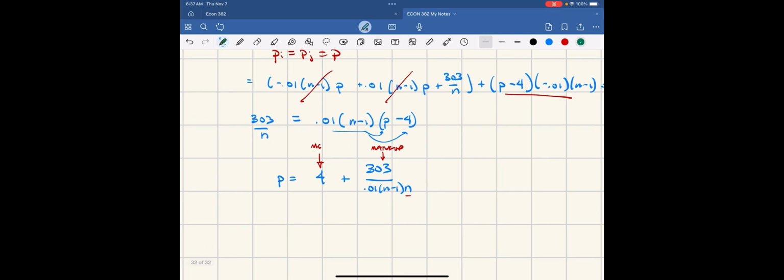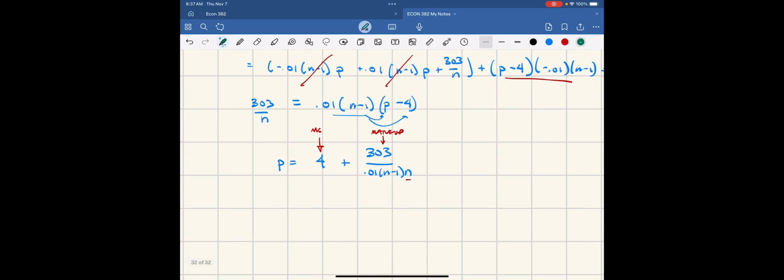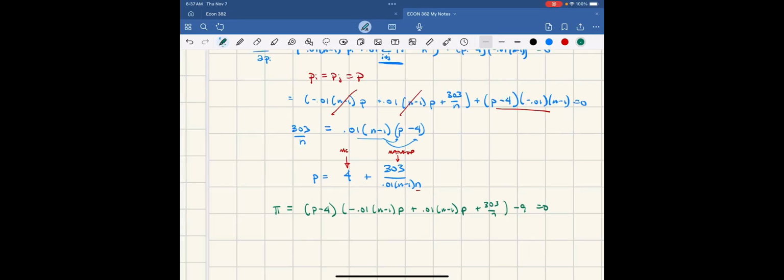Now let's look at our profit function to identify the optimal number of firms. Okay, so that's the price we have. So if we look at our profit function, it is equal to (p minus 4) times (negative 0.01 (n minus 1) p plus 0.01 (n minus 1) p plus 303 over n), minus 9, equals 0.